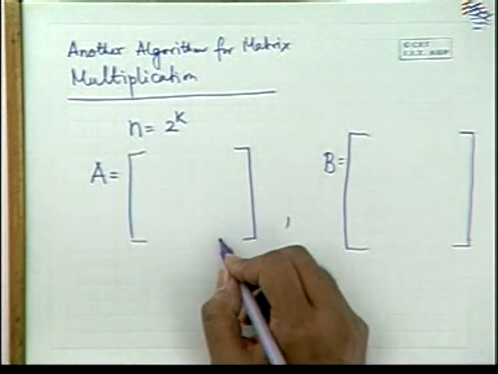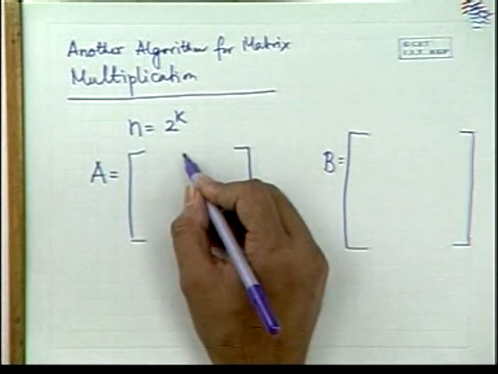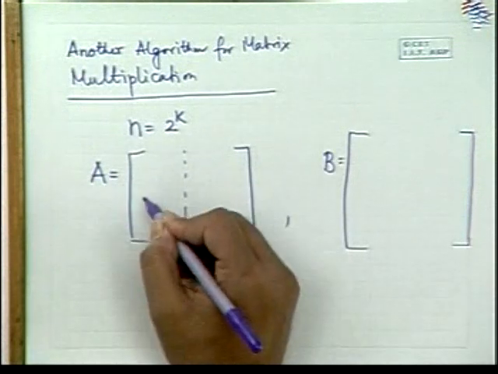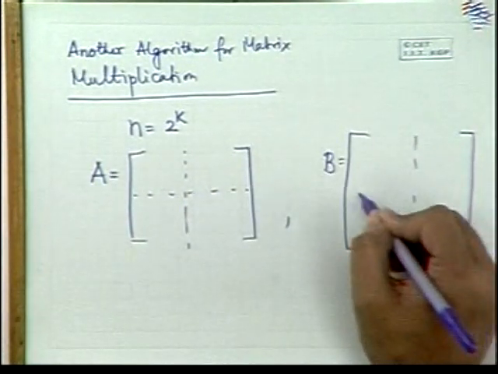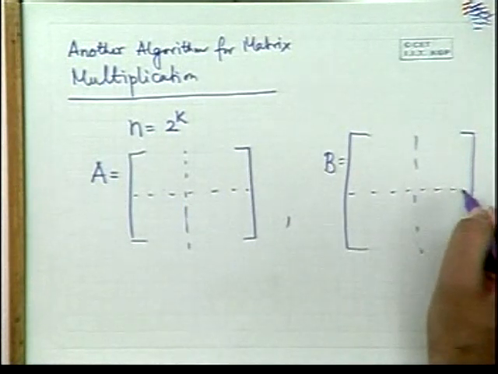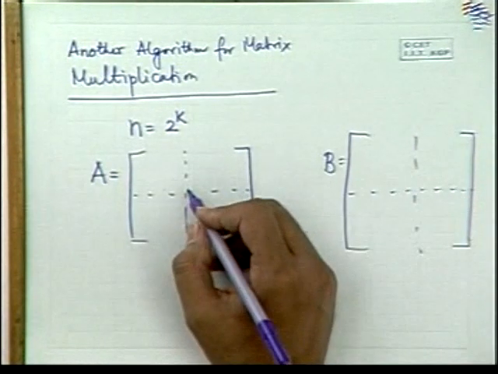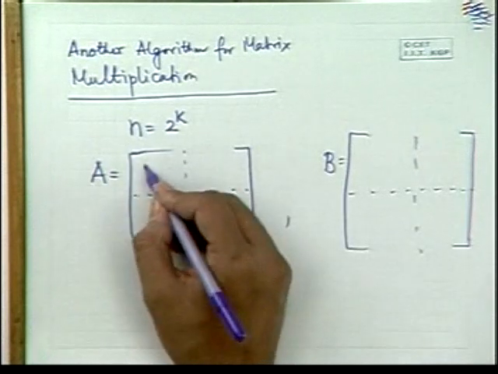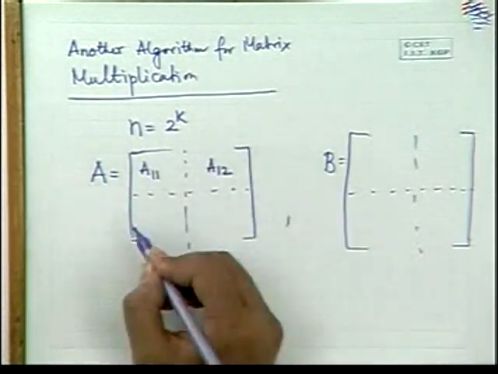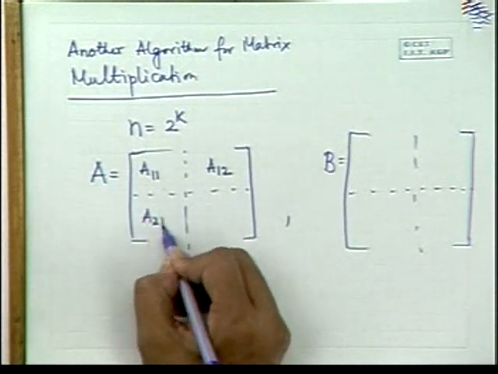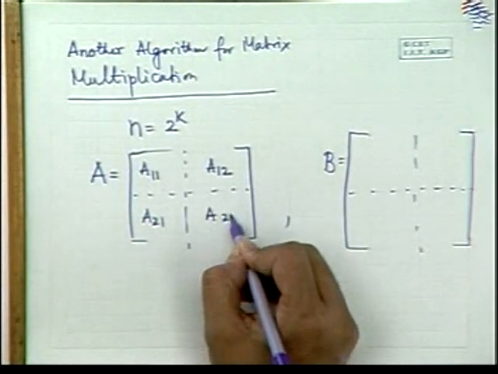Then the first thing we do is to divide this matrix into 4 equal parts. Both matrices, we divide both matrices into 4 equal parts. I am calling this part A11, this is A12, A21, A22.